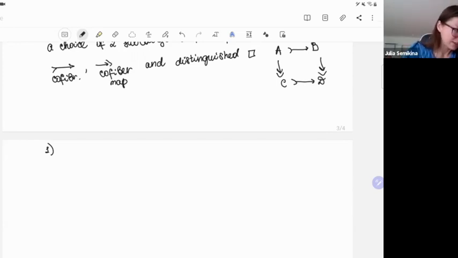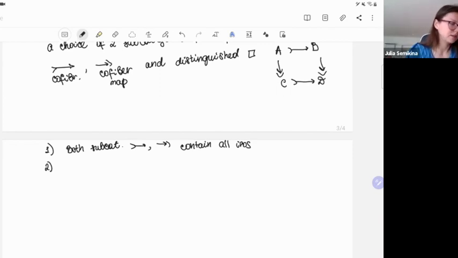So first one is both of these subcategories, cofibrations and cofiber maps, they should contain isomorphisms. So they are forced to contain all isos.